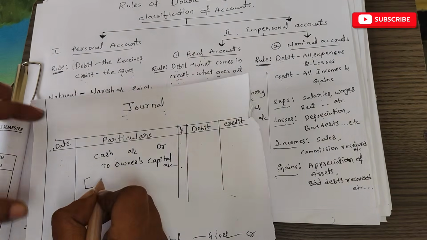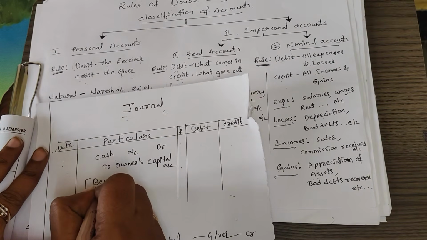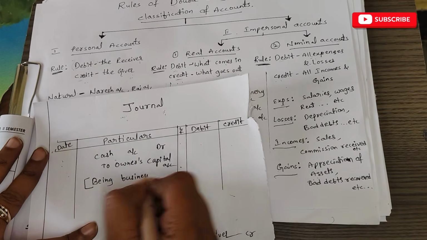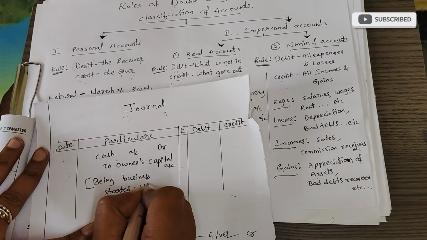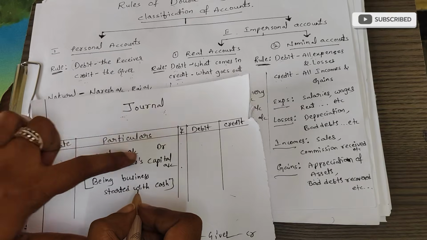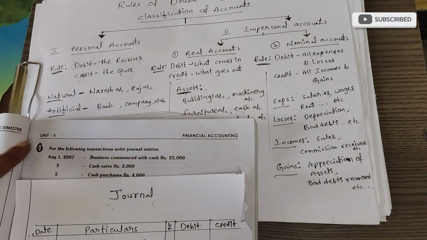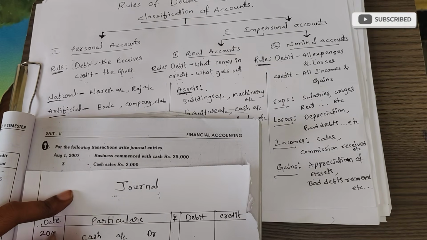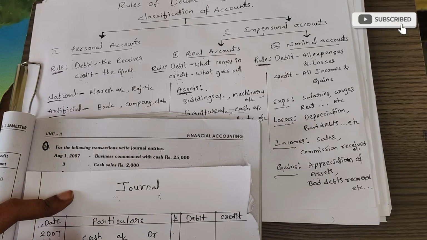So what should we write here? Being business started with cash. This is the narration, that is the explanation of this transaction. And what is the date of this transaction? August 1st, 2007. First we need to write the year, then month and date.